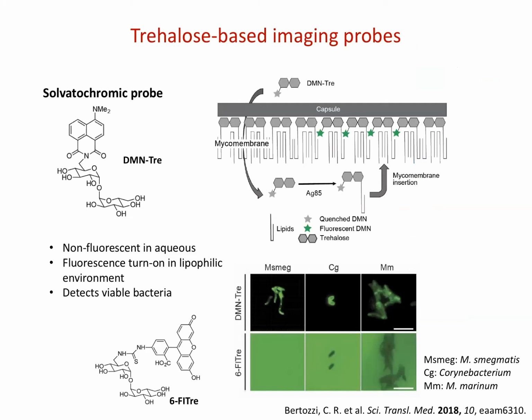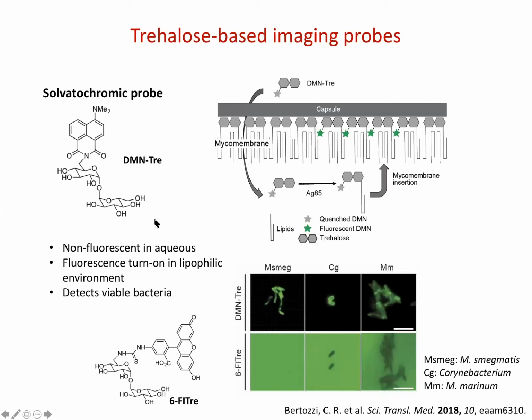Here's another recent example by Bertozzi's group. There they use a so-called solvatochromic probe. This probe is non-fluorescent in aqueous environment, but in a lipophilic environment, for example, in the membrane of the mycobacteria, fluorescence is turned on in this hydrophobic environment. It's very useful because then you don't have much background.